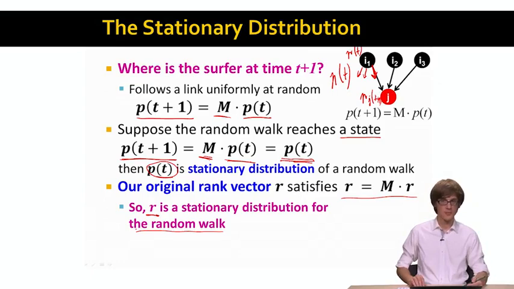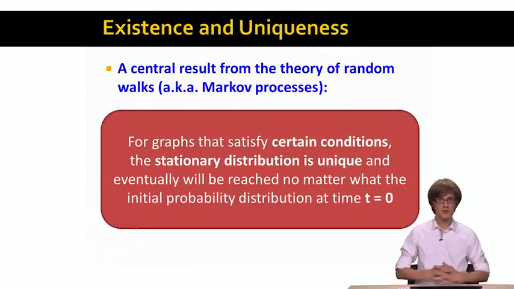Another important consequence of this random walk interpretation is that there is a rich literature on random walks. Random walks are called Markov processes, or first order Markov processes, because they have very little history. The central result from the Markov process literature is that under certain conditions on the matrix M, the stationary distribution is unique, and it will eventually be reached no matter what the initial probability distribution at time t equals 0 is.